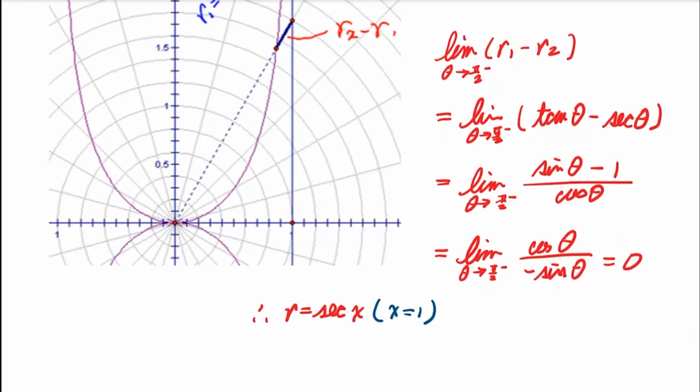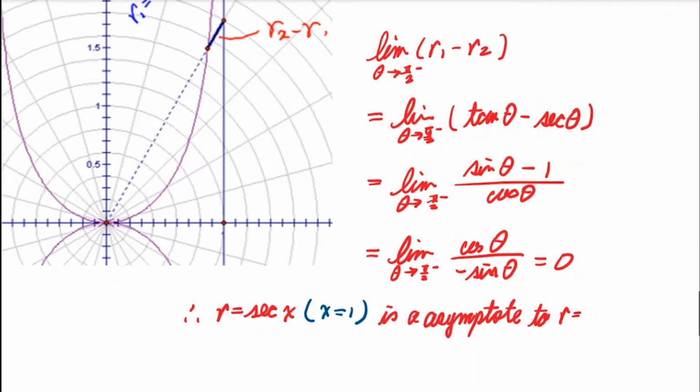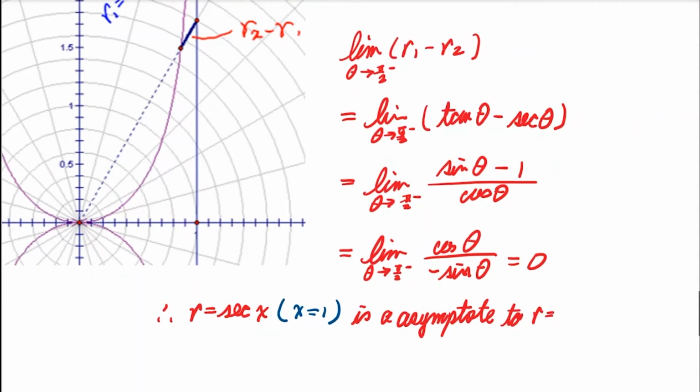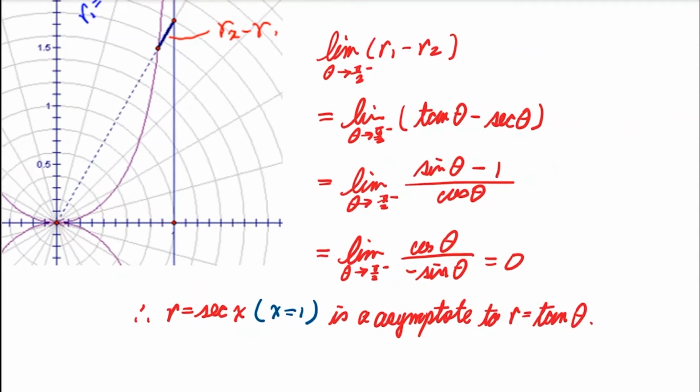This function is an asymptote. Asymptote is a really weird spelling, isn't it? R is equal to tangent theta. How about that? Good.